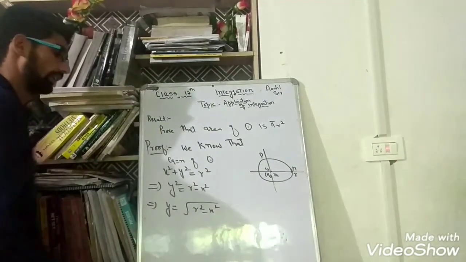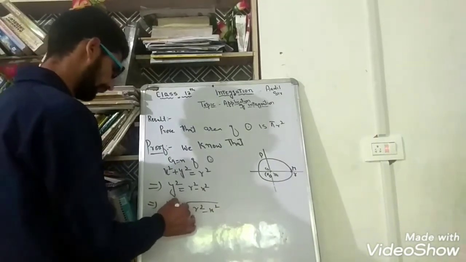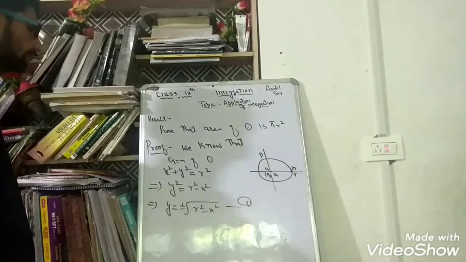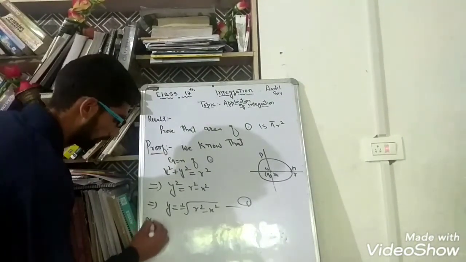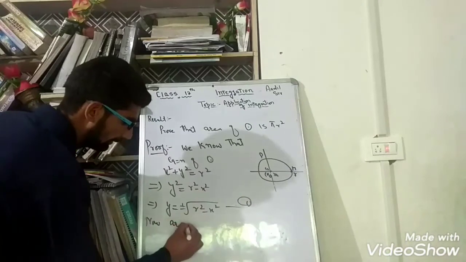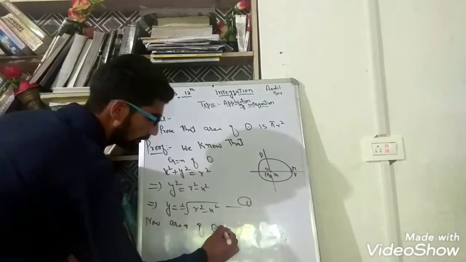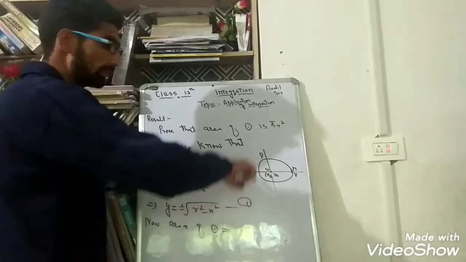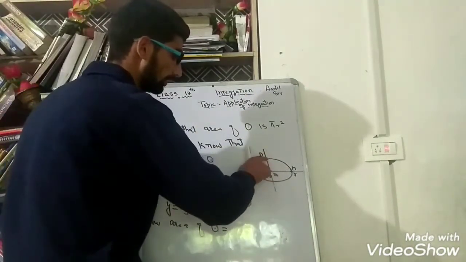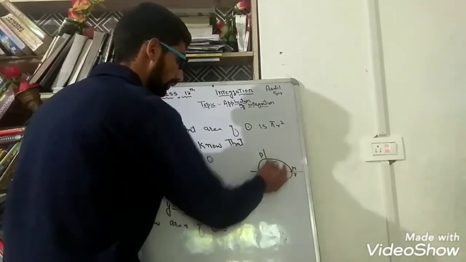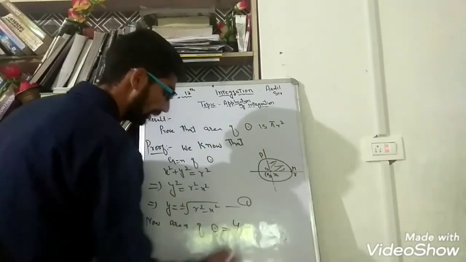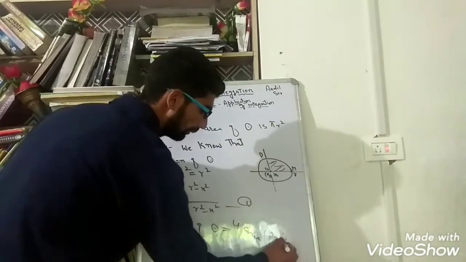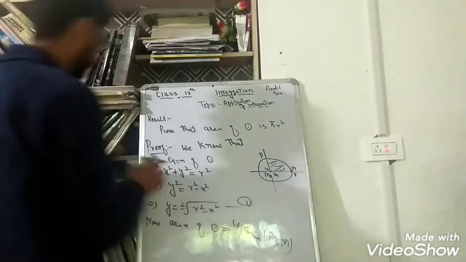So you write down this as the first equation. Now the area of this circle equals, I have told you how, 4 times the area of this region, this one POM. So now you got up to here.